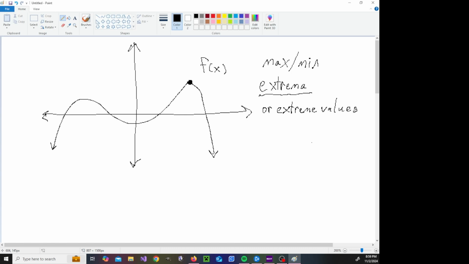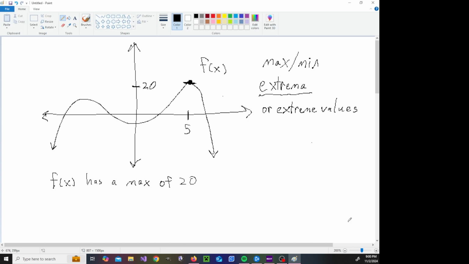For this function visually, we can see that the largest it ever goes to is up here. Maybe this number is like 20. That's if I look at the function as a whole. So I can say that this function has a max of 20 as the maximum value of the function, but it's really important to know at what x value that happens.